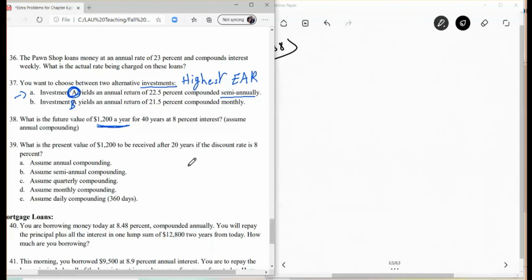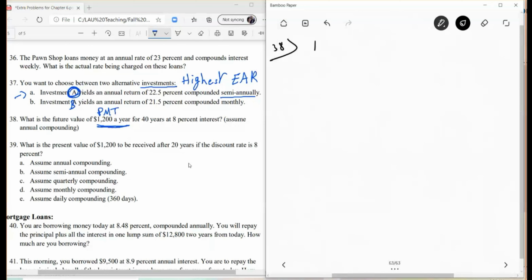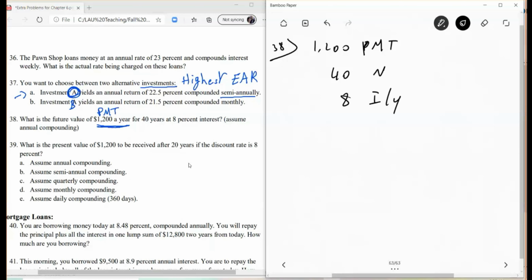However, here the question is the future value of $1,200 a year. So this $1,200 is not a PV, it's a payment, PMT. For 4 years, this is N because I have annual compounding, and 8 is I/Y. I compute FV, and the future value is equal to $310,868.